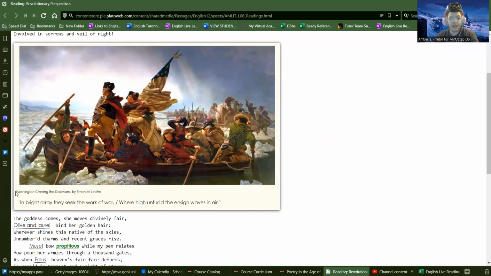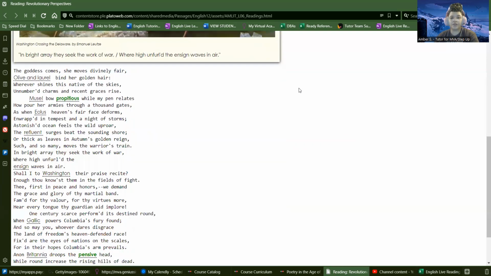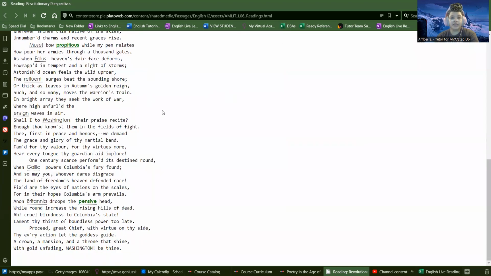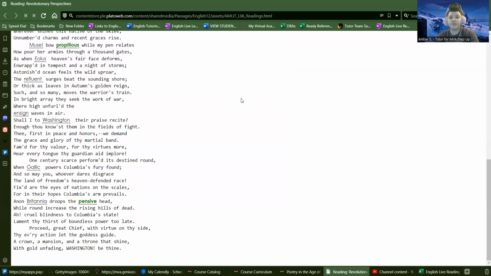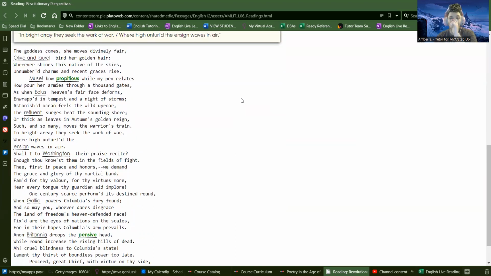Yep. So this is Washington crossing the Delaware. This is a painting. So the Delaware is a river that they had to cross over. And this also ties in, and that's why they put this here. The fact that Washington's soldiers had to cross the Delaware River to get to some of the British soldiers is probably why she described the armies as a storm that disturbed the ocean.